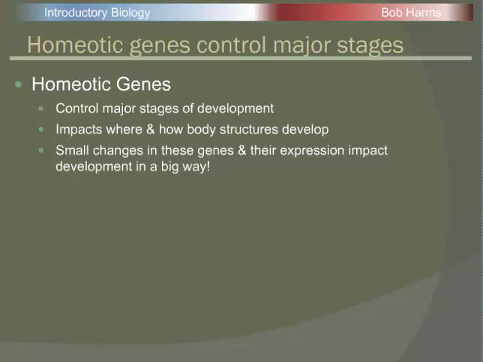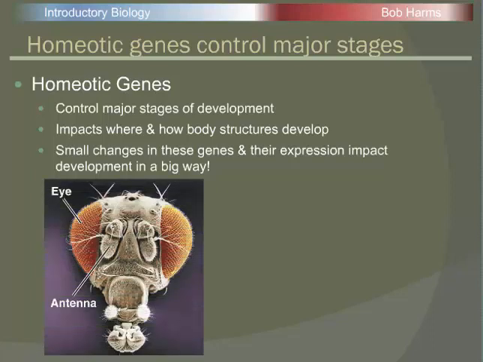For example, we might look at two organisms and think they're really different: this one has 6 legs and this other one has 10. But a small mutation in a homeotic gene results in extra structures being built, so they may actually be very closely related genetically.